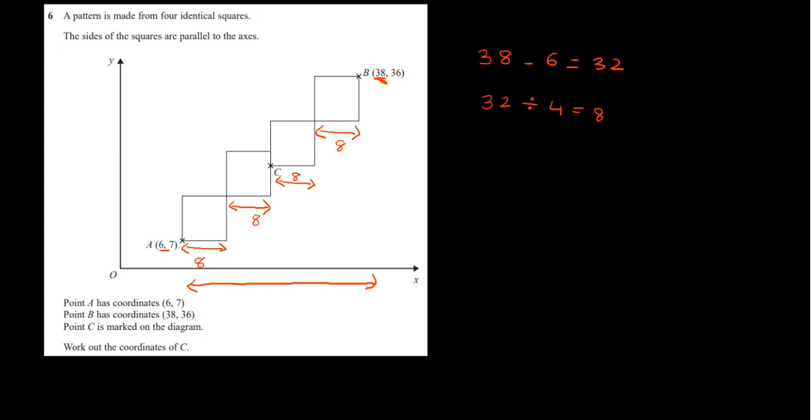So this vertical height is 8 and that vertical height is 8. There's no overlap for these two vertical heights over here. So 8 add 8 is 16. And I know that that height is 36, so the y coordinate of B is 36.